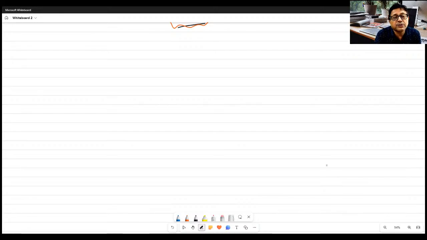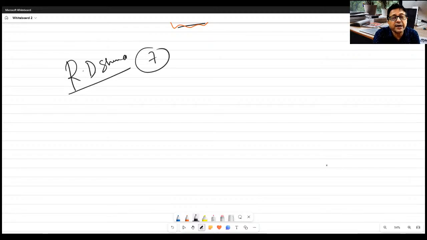Now let us take this one also from R.D. Sharma number 7. I am going to do exercise 9.1. So in our class it is some number 4.